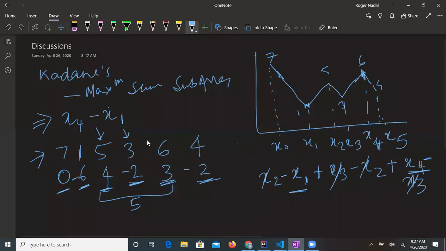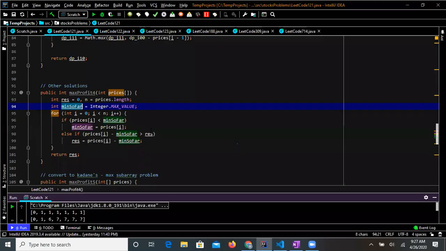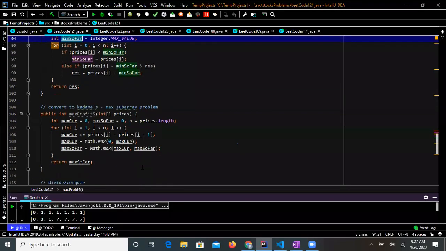For 3 minus 5 is minus 2, and so on. Okay. And again, in this particular case, just for explanation, we are creating an array, but you can implement it without actually creating this array. And that's the idea, which you can keep and look at later.